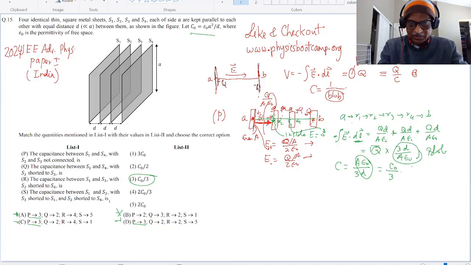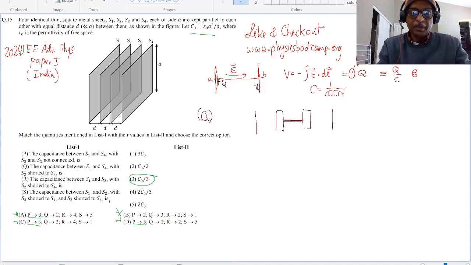Let me erase this so I can get more space for doing Q. Okay, so for Q, once again we put a plus Q here and minus Q here and see what happens. Let's just put plus Q over here. Now this whole thing is 1 unit when you connect it.